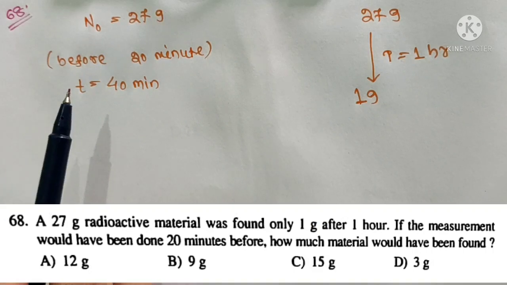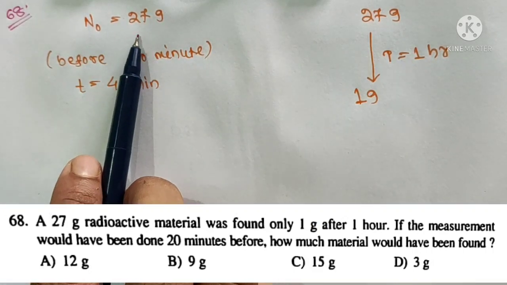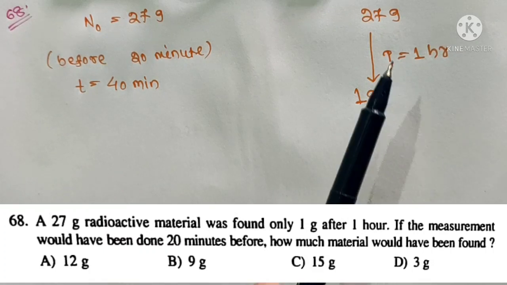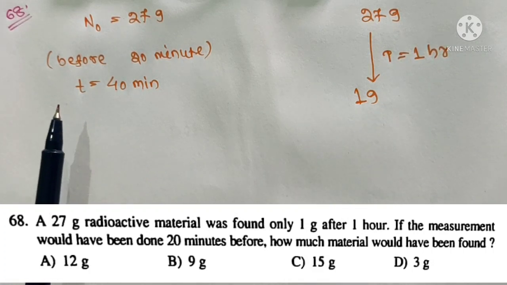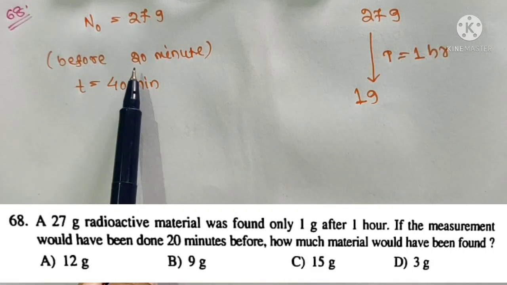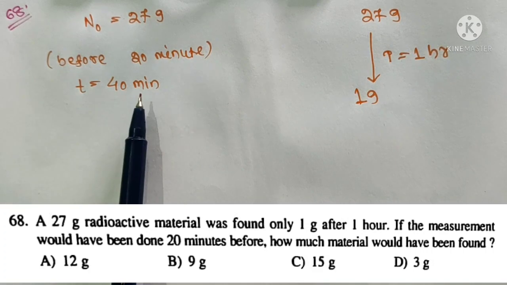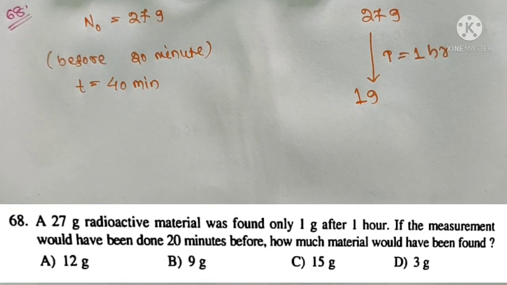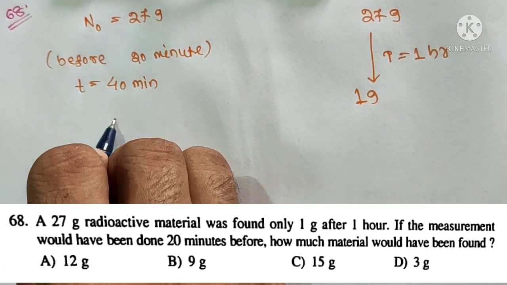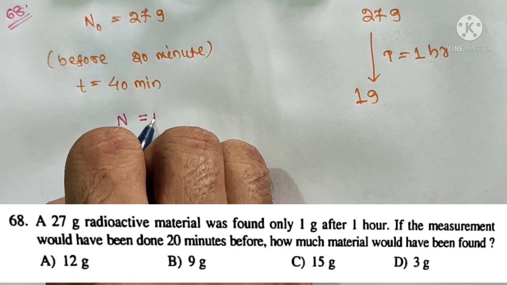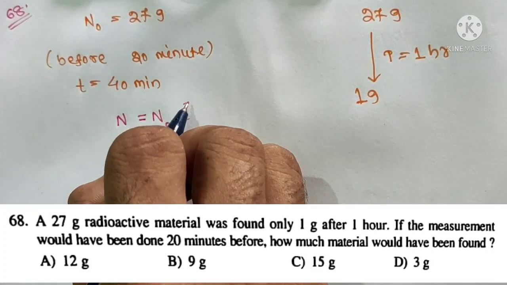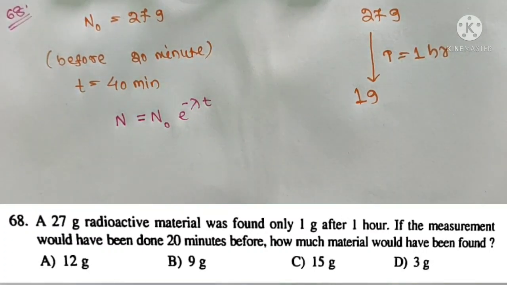The initial amount of the radioactive material is given, that is 27 gram, and after 1 hour that material decays to 1 gram, and we have to find the amount of substance present after time 40 minutes. From the laws of radioactivity we know that the amount of substance present after time t is given by N equals N naught exponential minus lambda t.